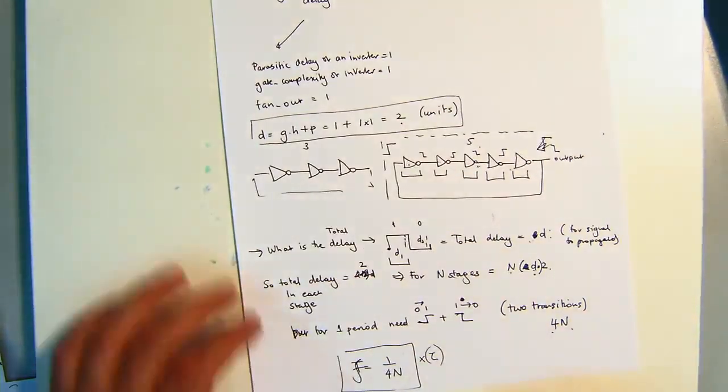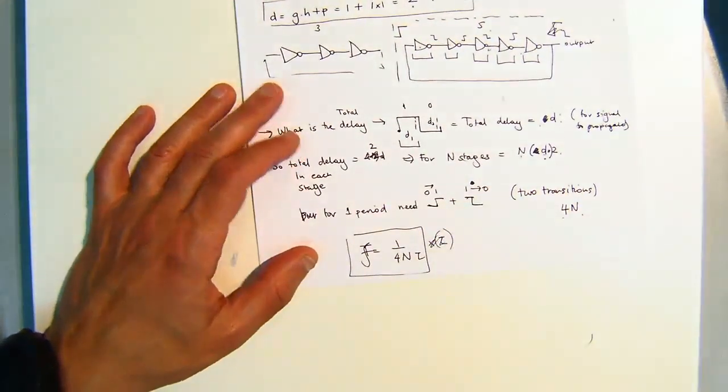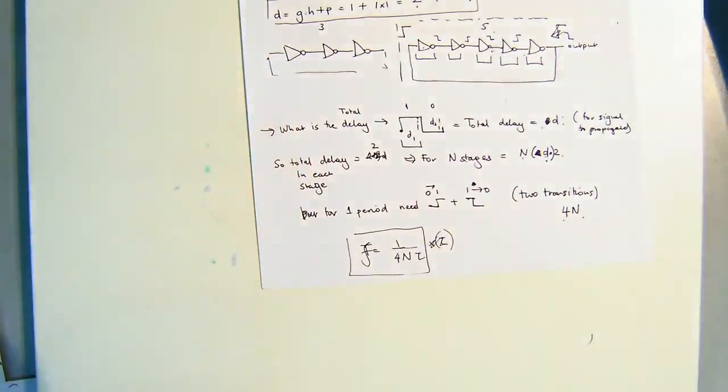So the period would be 1 on 4n times t, where t is the propagation delay through any one inverter. That gives you an indication of how fast you would expect that oscillator to oscillate, or what its period or frequency of oscillation is going to be.